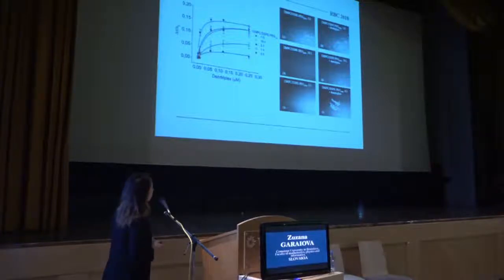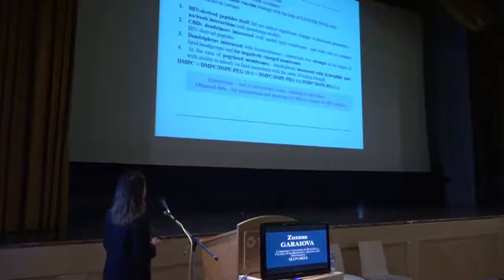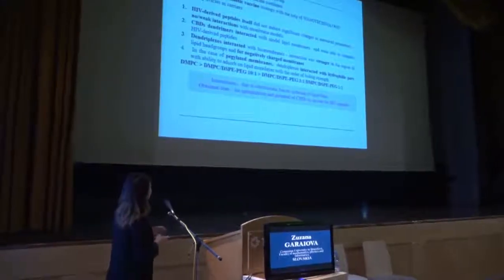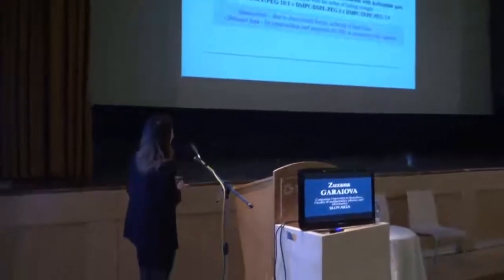And in the case of application of our dendriplexes, we can see a region of disturbed monolayer surface. Pegylated monolayers were more homogeneous, and after addition of dendriplexes, there were also some kind of domains of different size observed.